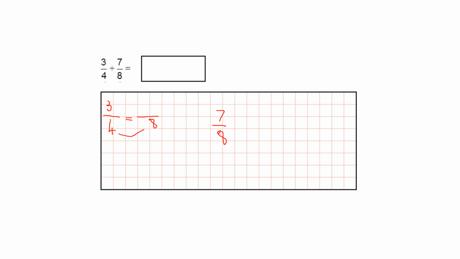I know that I've times my 4 by 2, because 2 times 4 is 8. So I know that I am going to times my 3 by 2, which equals 6. So my question now is 6 eighths, add 7 eighths, which of course leaves me with 13 eighths.